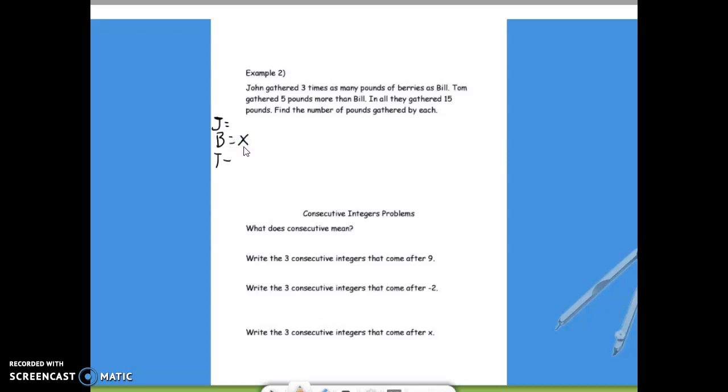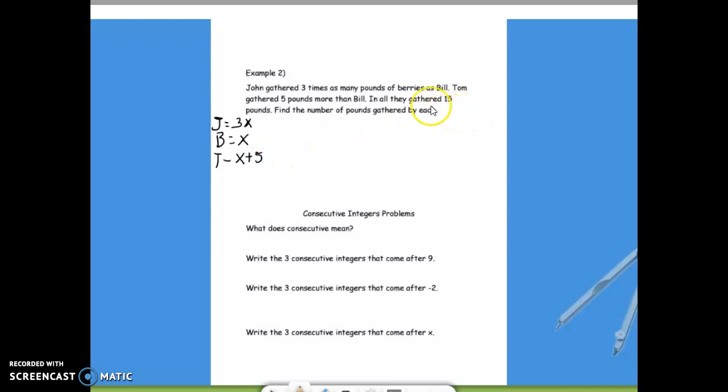So he would be x, because I don't know much about Bill, but I know that John gathered 3 times as many berries as Bill, right? So John would be 3 times x. And then I know something about Tom. It says Tom gathered 5 more pounds than Bill. So 5 more pounds than Bill would just be x, right? Plus 5.